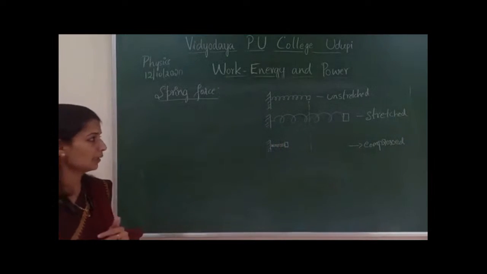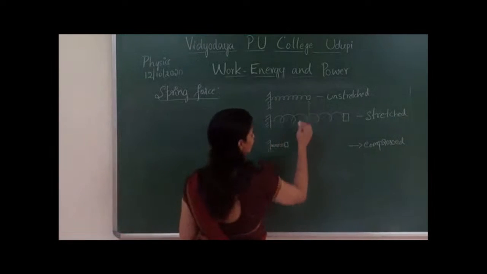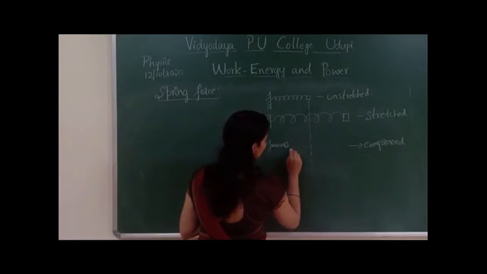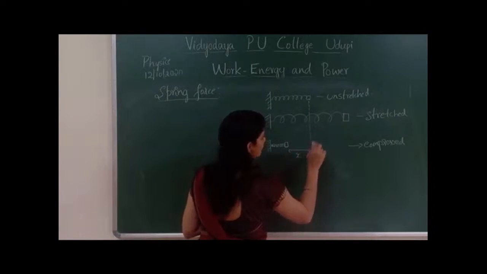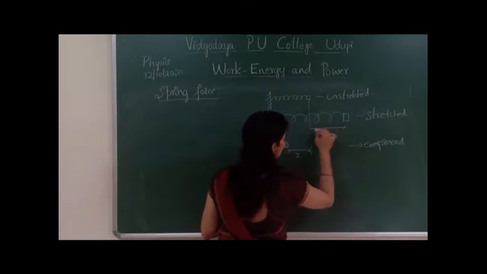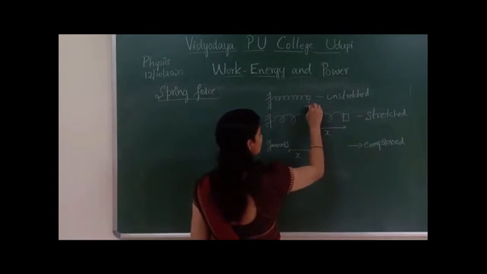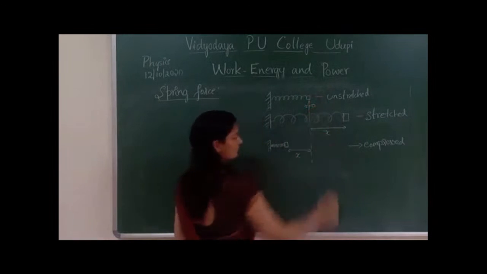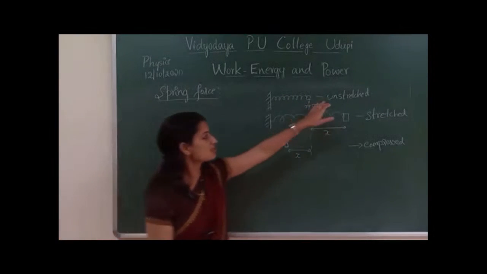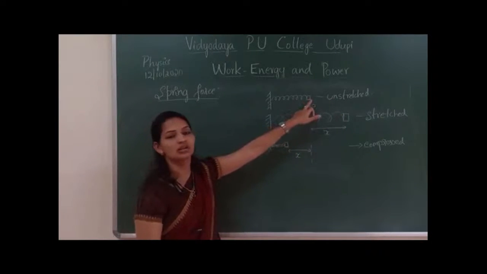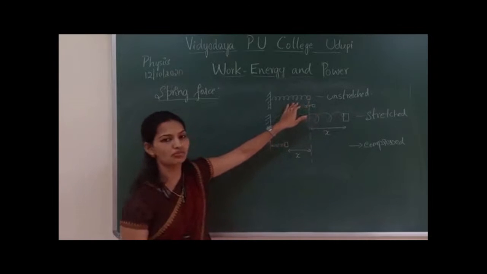Then I'll write the displacement. This is our mean position, isn't it? So from here to here it is x. Here the x value is equal to 0. This is the mean position when the spring is unstretched. This is the equilibrium position of the spring.